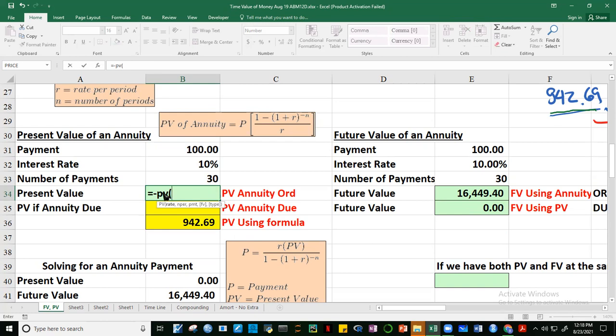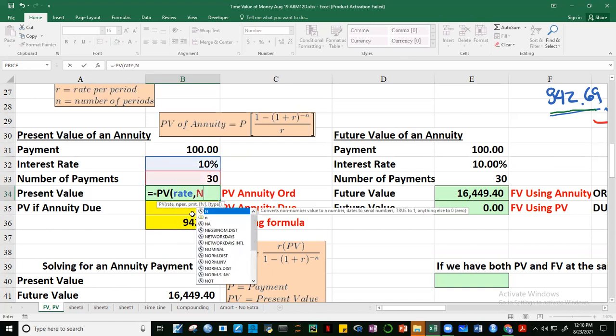We will definitely get a negative answer and we don't want that. So PV, ano yung rate natin? Our rate is, type na lang natin para mabilis. Rate, okay, comma, N per natin is N, diba? But that should be small n lang, comma, PMT natin is P.